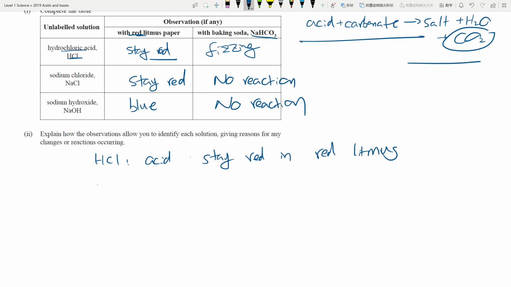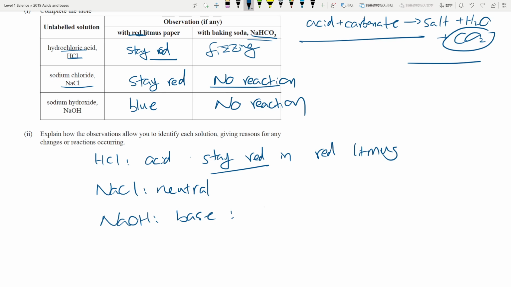The next one, you have NaCl. NaCl is neutral. That means it stays red in litmus paper, and there's no reaction because neutral and base doesn't react. And then NaOH is a base, so it turns blue in red litmus, and there's no reaction because a base doesn't react with a base.